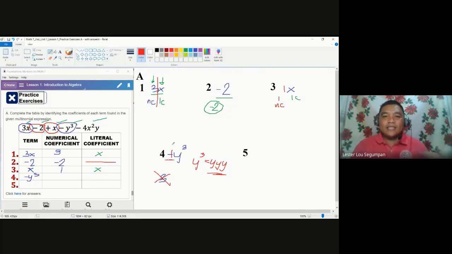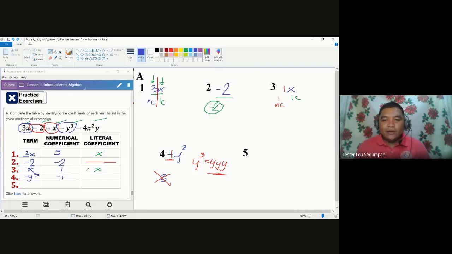So it takes the sign of it. So instead of 1, instead of 3, our numerical coefficient here is negative 1, because negative y cubed may be rewritten as negative 1 y to the power of 3. That is our numerical coefficient.